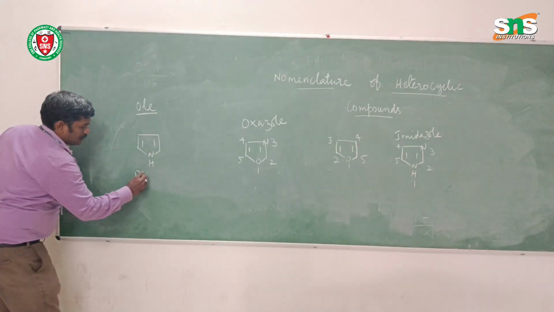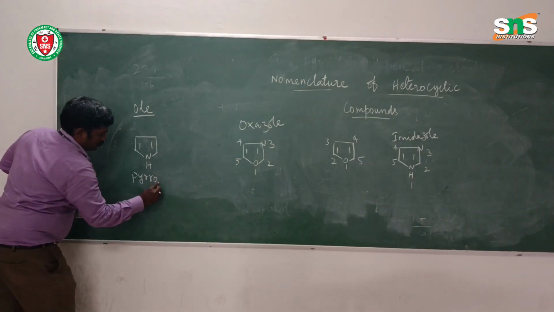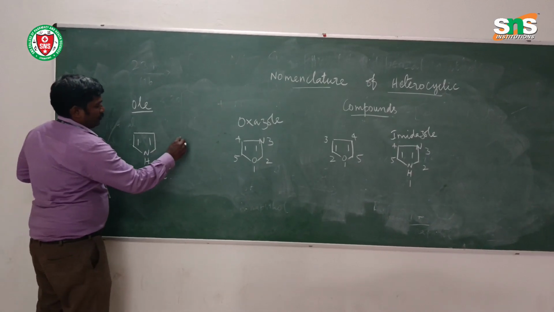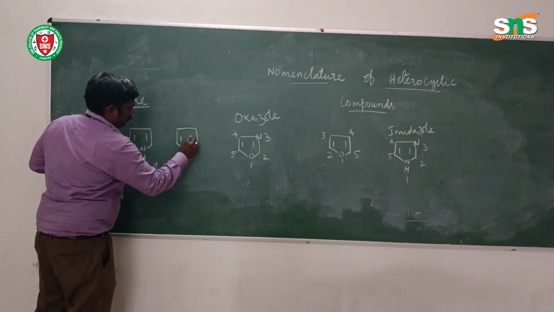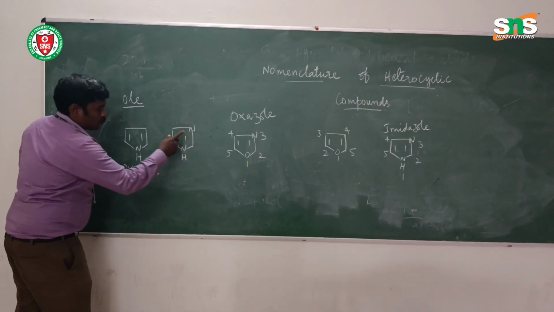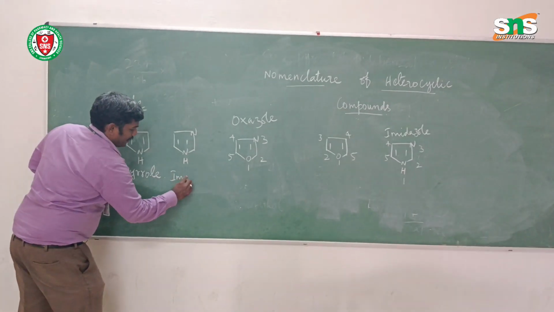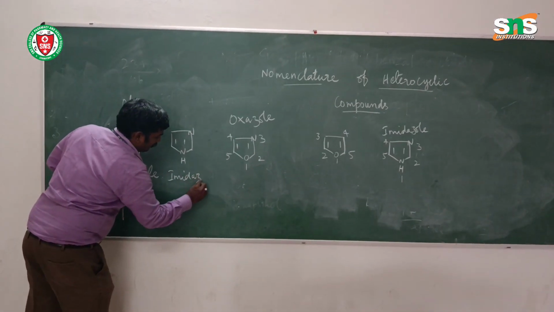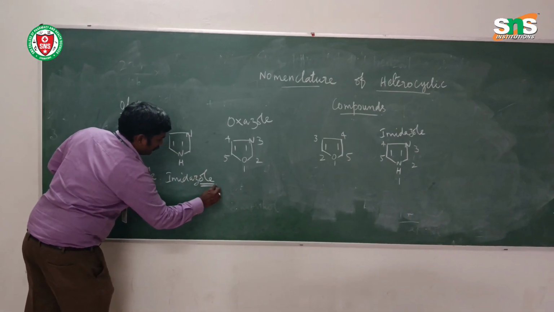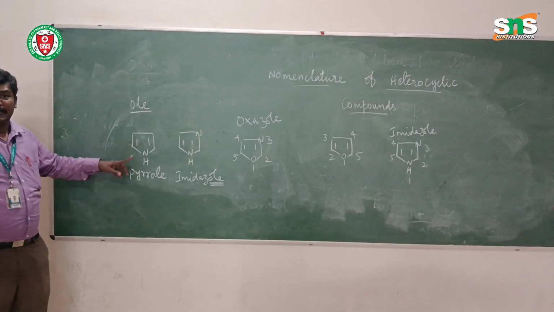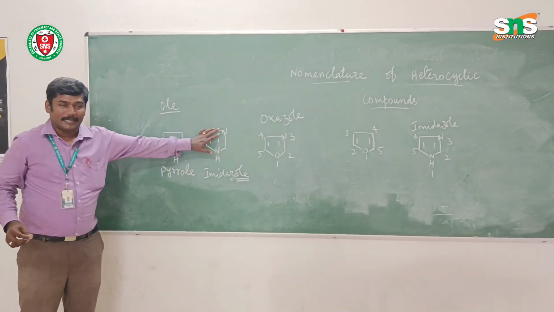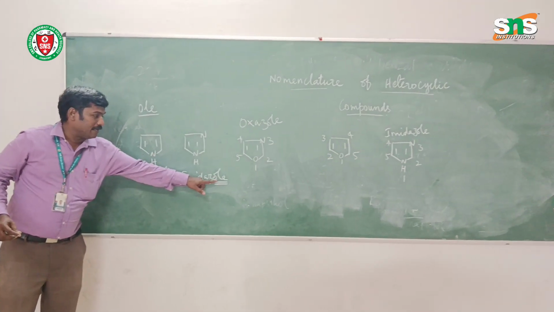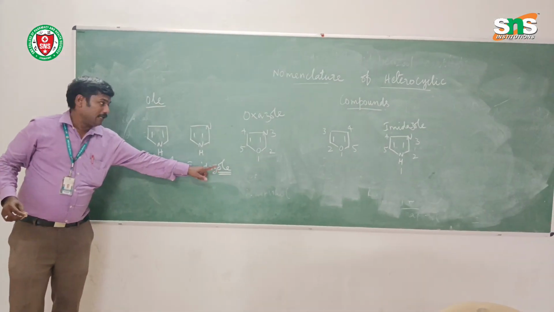So it is called pyrrole. This one has two nitrogen atoms present. So nitrogen is present in a 5-member ring, then it will end with the suffix OLE. So these are the two examples. One is pyrrole, another one is imidazole, with two nitrogen atoms present. It ends with the suffix OLE.